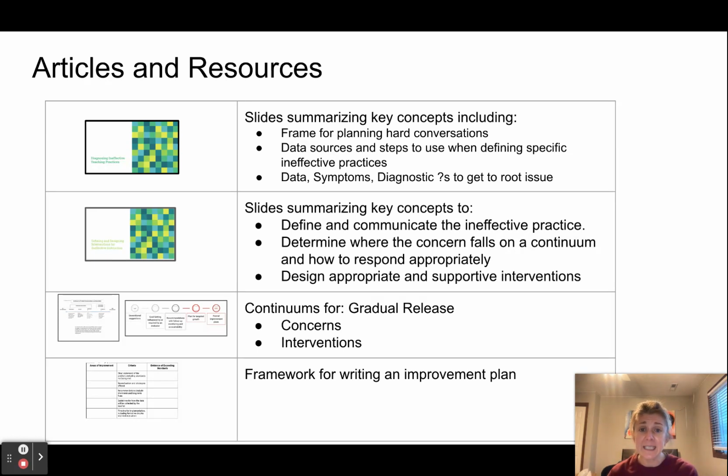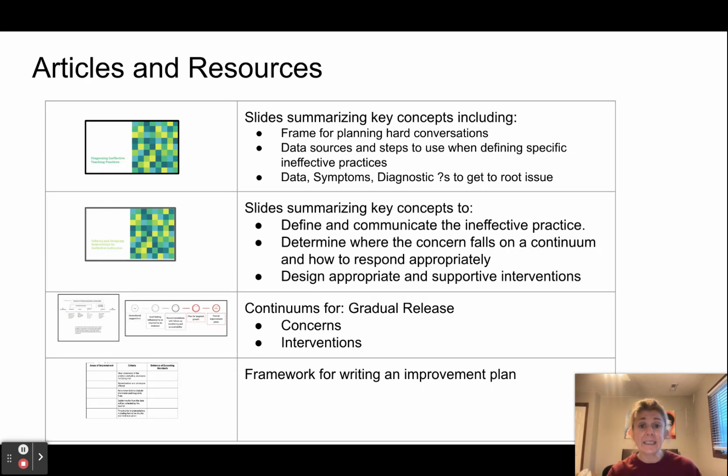So that slide deck of diagnosing has that first application assignment in it, as well as in the assignments. It's going to get into what data sources you would use to identify or diagnose an ineffective practice. And it's going to take you through specific data that you can use in terms of managing classrooms, delivering instruction, and then the third one is professionalism.